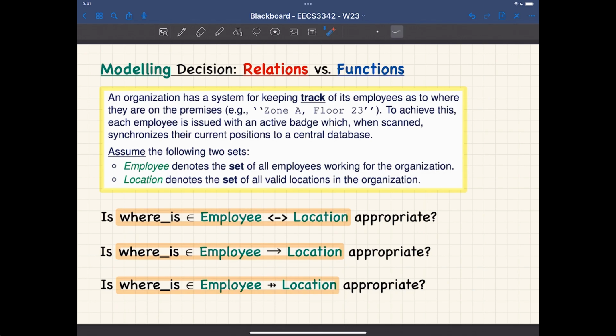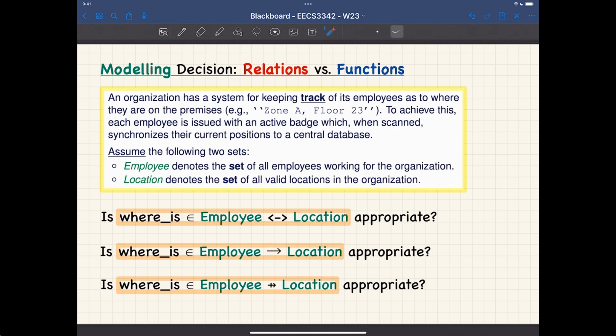Yes. Let's now see why this is not the case. Not quite. For the tracking software, of course, a person can switch their location whenever they want to. Yeah, they can do that. I'll say it's not a relation because if it was a relation, then one employee can be in two locations at the same time.